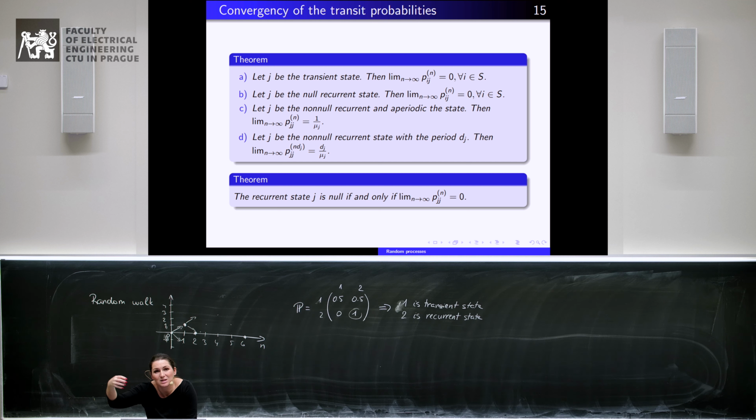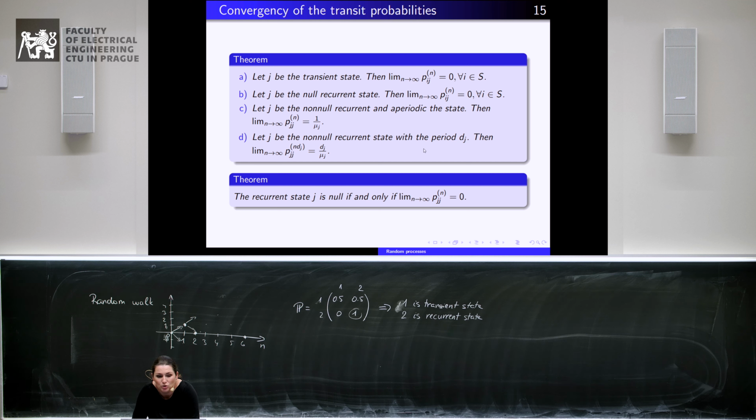Because if there exists a probability that we won't return, in infinite time it must happen that the process will leave to some state from which it cannot go back. So then the limit of the transit probabilities of the nth order, for n going to infinity, is equal to 0, independently of the state i from which we start. And so it holds for all states i.